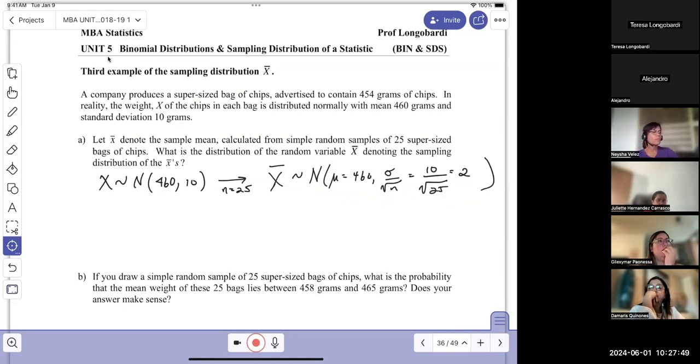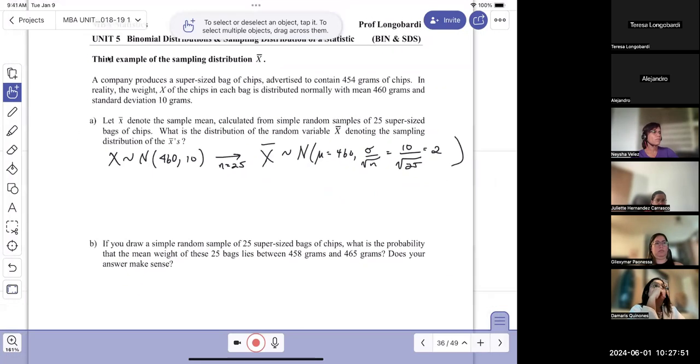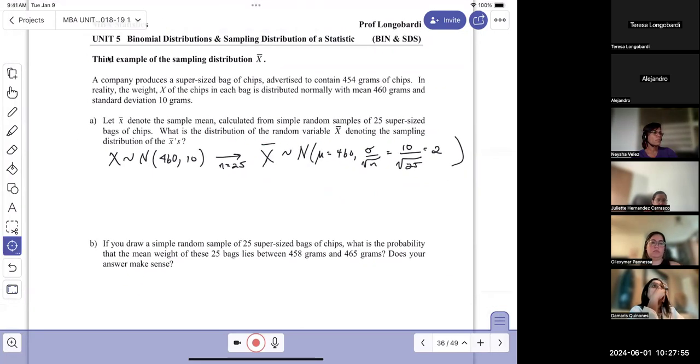Okay, now let's apply it. So I've answered the question, this distribution and its parameters. I didn't ask exactly explicitly for them, but that's what it is.